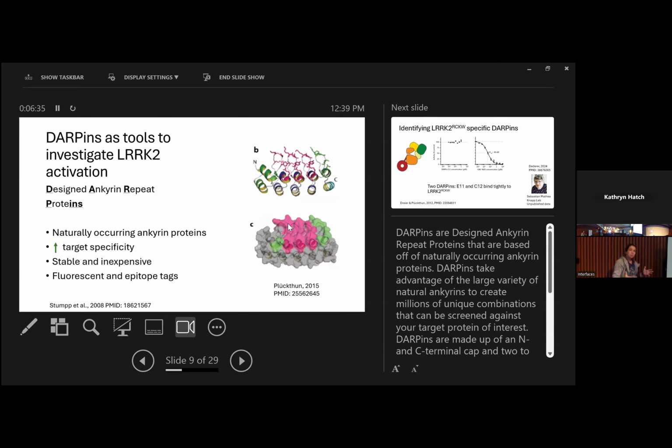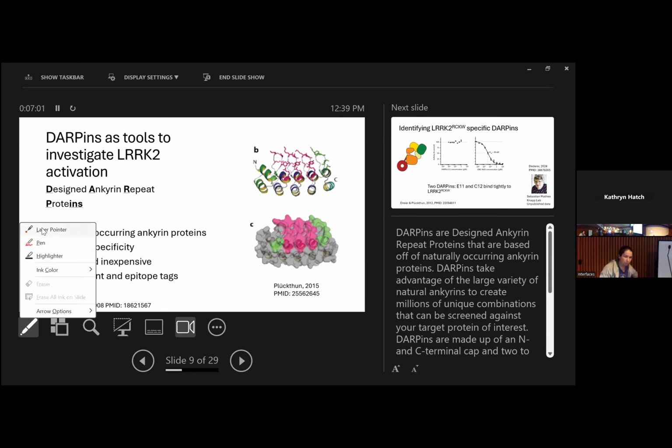So what are DARPins? They're designed ankyrin repeat proteins. As said in the name, you can design them for high specificity to your target protein. So you may have this large library of DARPins that are all slightly different in this interaction surface.